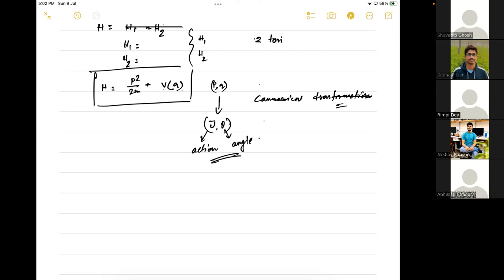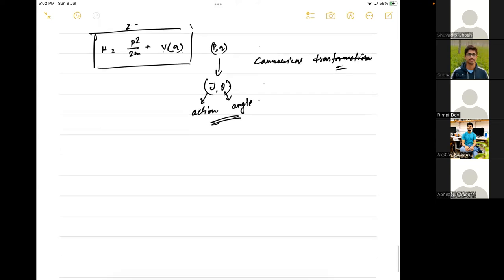There are different conditions to satisfy for a canonical transformation. I am not going to go into the details here. So now, if we express this new Hamiltonian, let's say H bar, as a function of J and theta, then for an integrable case, the Hamiltonian will be only a function of J, right?